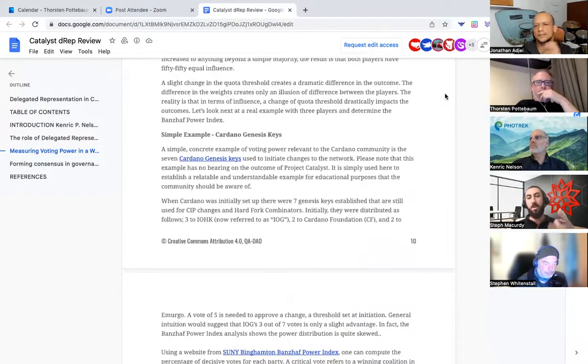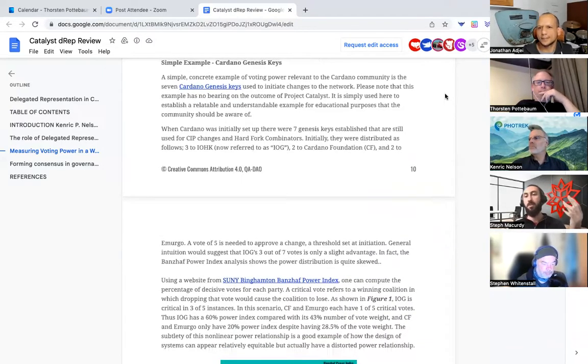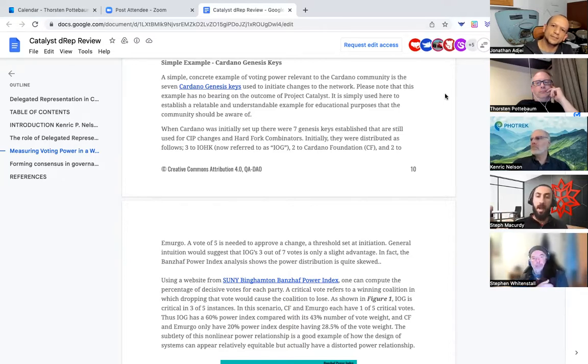You can have IOG by itself, Cardano Foundation by itself, Emurgo by itself, then 2 of them together and 1 by itself, and then all 3. In those 7 different subsets, which entity can actually dictate the outcome?